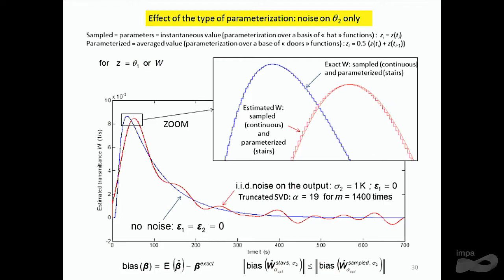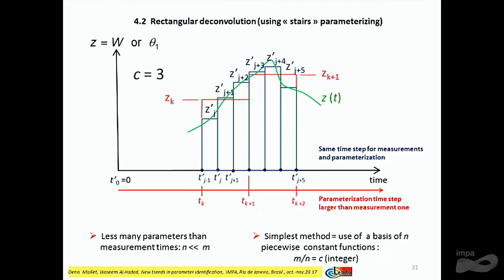And here you have either the function W on stair parametrization, or on point values. You see the bias is a little better for stair parametrization with respect to sample values.